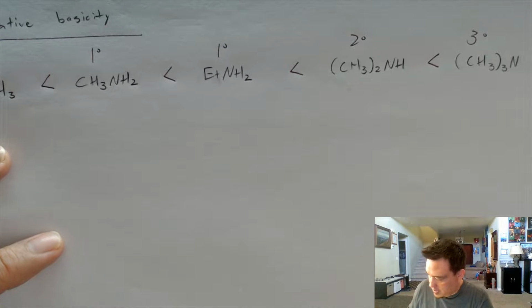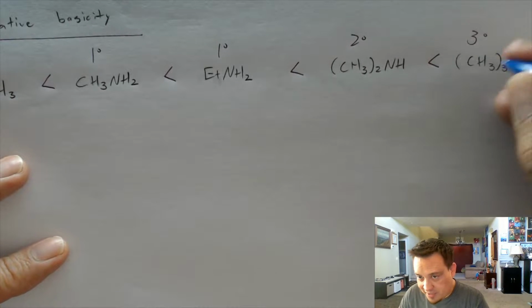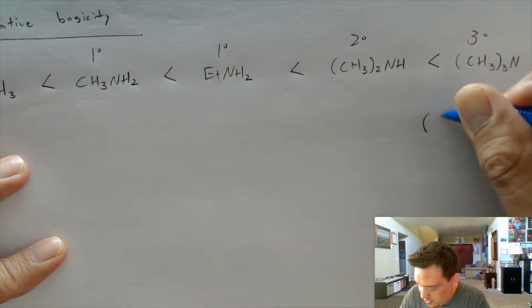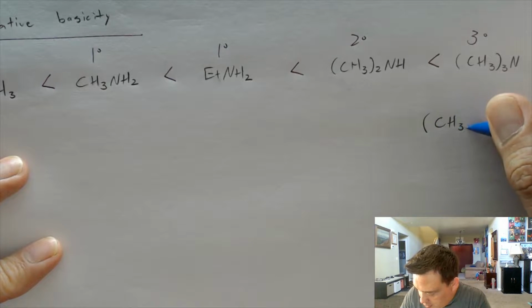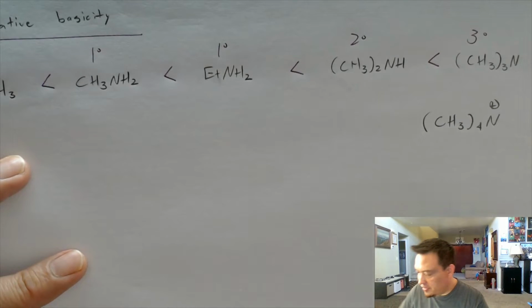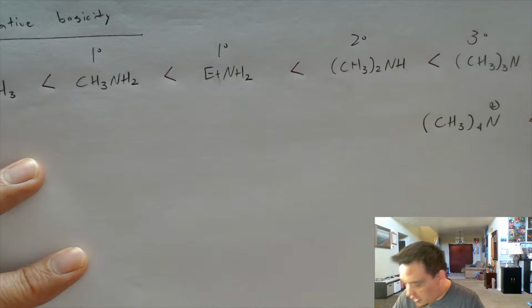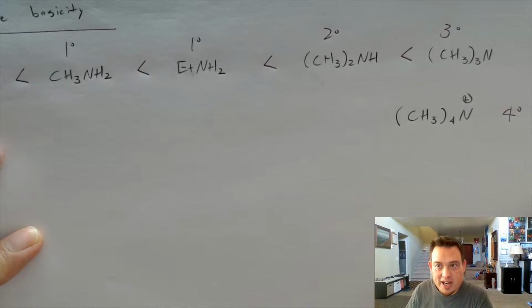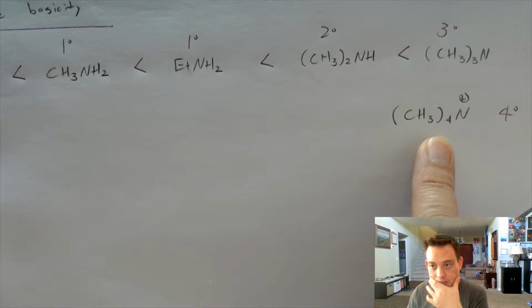All right. And then what do you guys think about this one here? What about this one? This is a quaternary amine. Would you expect a quaternary amine to be basic? Right here.